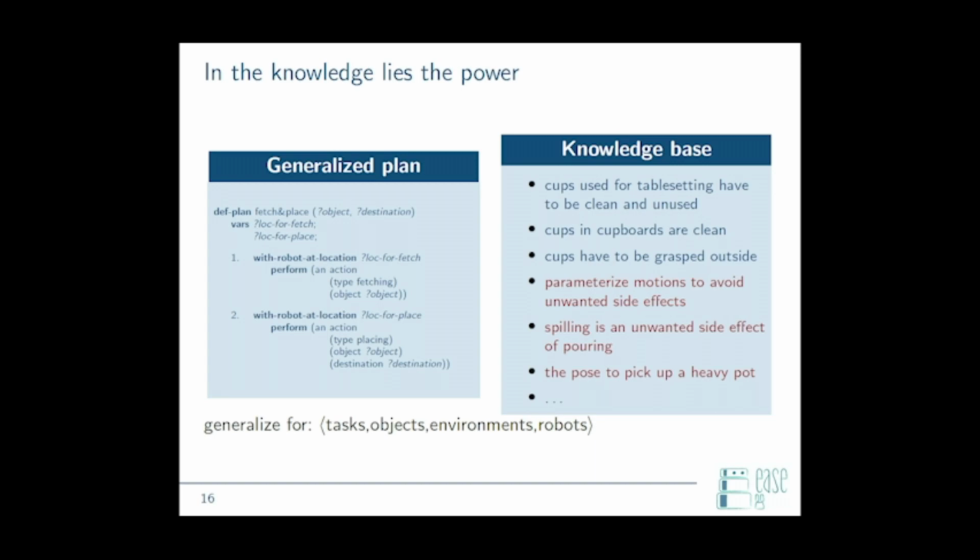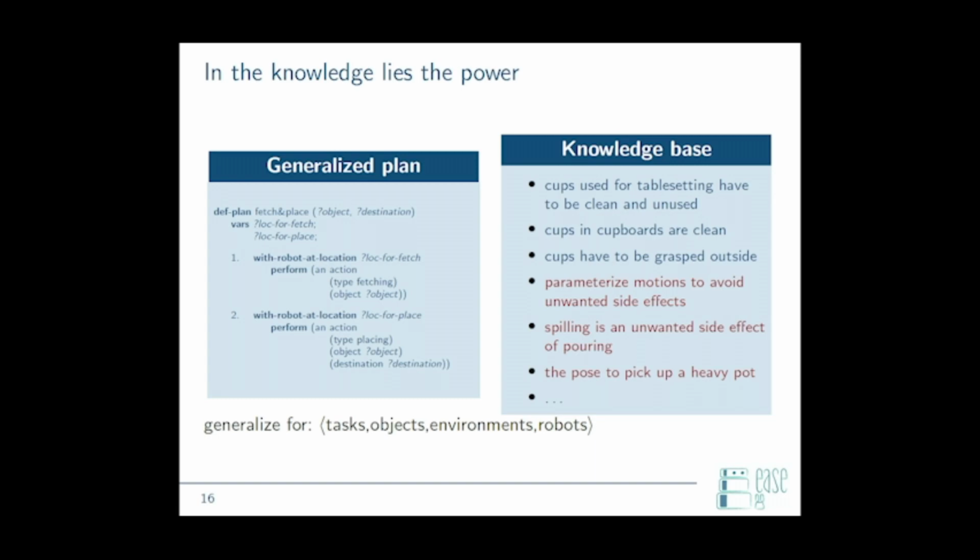And so combining that and projecting how you intend to execute your action will allow a robot to forestall spilling failures. Or we can have other pieces of knowledge like the pose of a robot that allows the robot to pick up a heavy pot, which is something that has to be learned from experience.